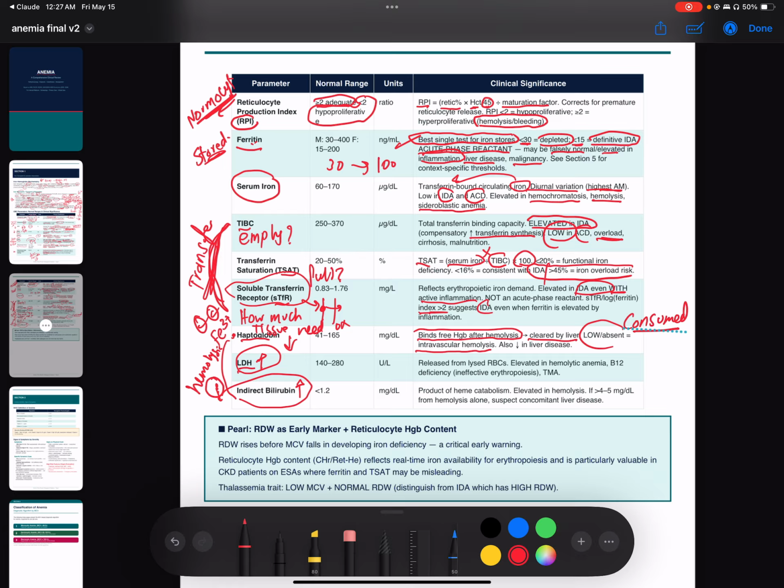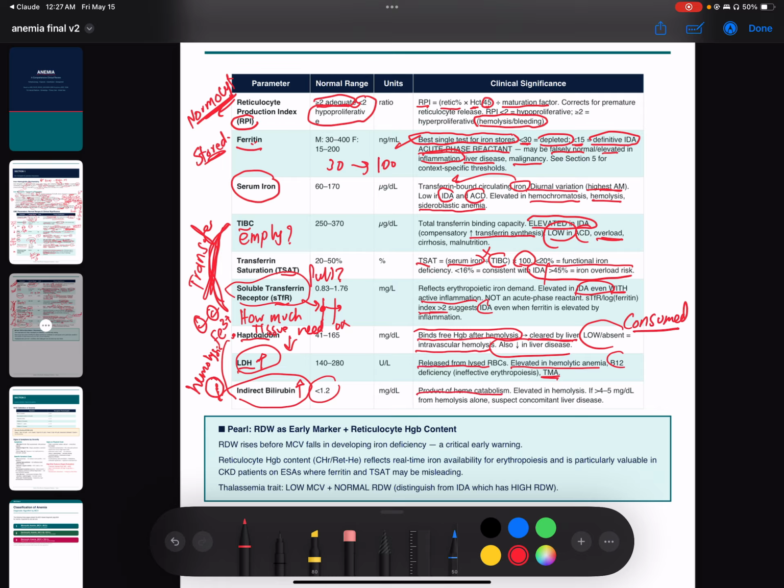But it's also a protein that gets produced and cleared in the liver, so it can be low in liver disease. LDH is released from lysed RBCs, so it will be elevated in hemolytic anemia, but it can also be elevated in B12 deficiency or TMA. Indirect bilirubin, the normal range is below 1.2, and this is a product of heme catabolism.